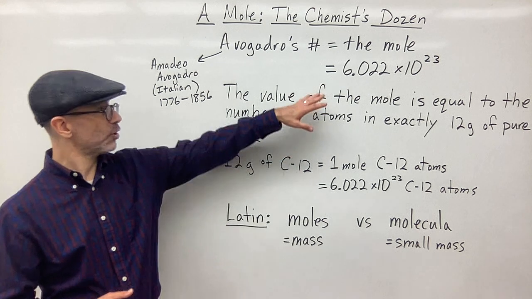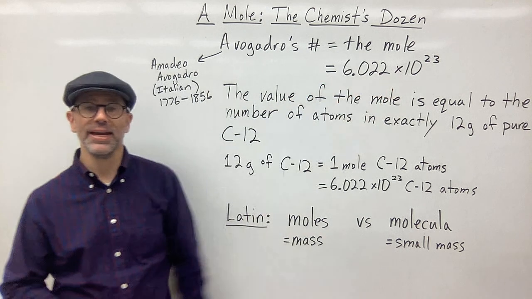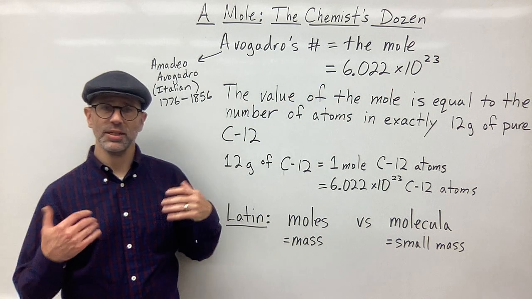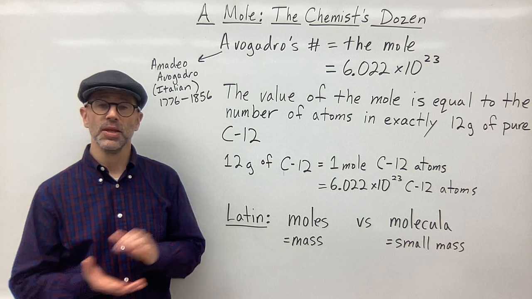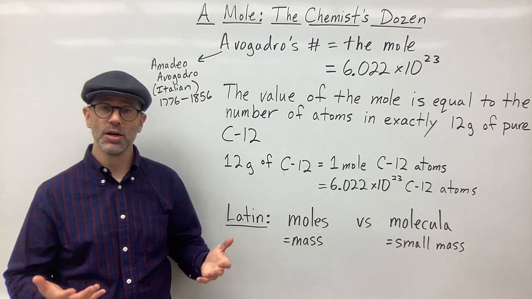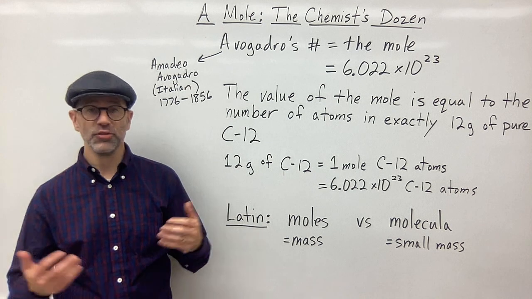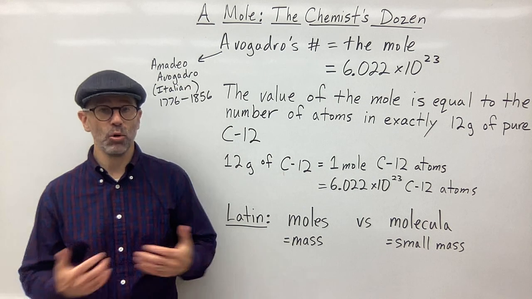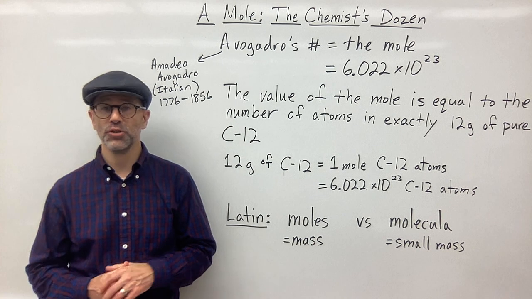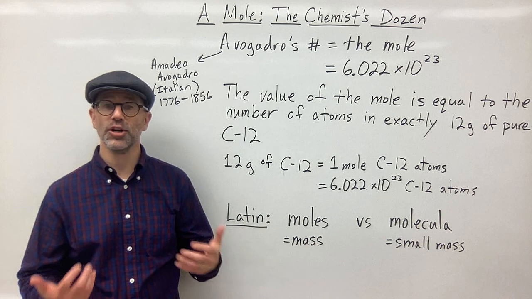And so this refers to particles. And again, when we talk about moles, we could talk about moles of anything, particles of anything. So if I have 1 mole of cars, that means I have 6.022 times 10 to the 23rd cars. If I have a mole of eggs, that means I have 6.022 times 10 to the 23rd eggs.